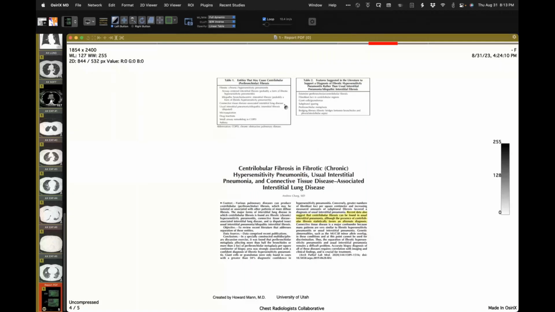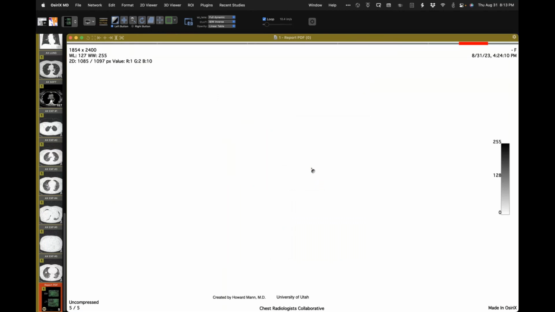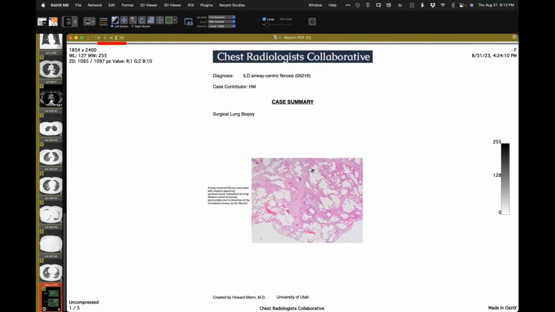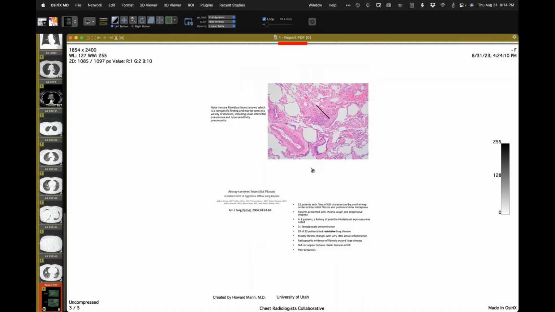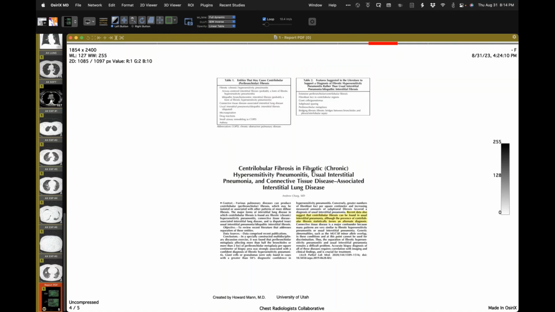But one of the things nowadays that pathologists try to do is try to make distinctions between centrilobular fibrosis as a potential finding in fibrotic hypersensitivity pneumonitis. Sorry about that. I'm working without my mouse, so I'm moving around too much here.